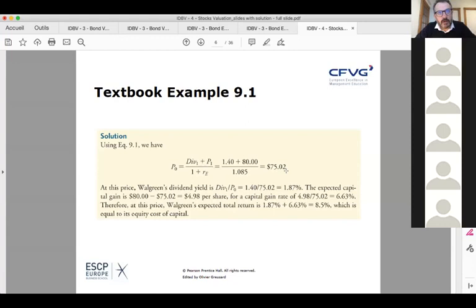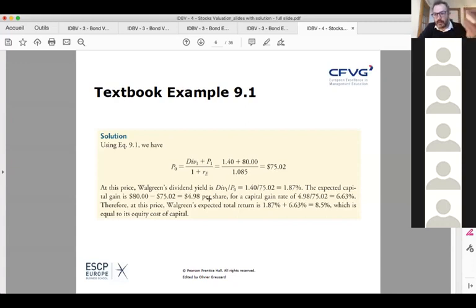Beside the calculation, what you have to understand here is that you are a potential investor and you say, okay, I'm interested in the Walgreen stock. And so then you collect information. What could be the reasonable dividend that I can expect to receive in 1 year?